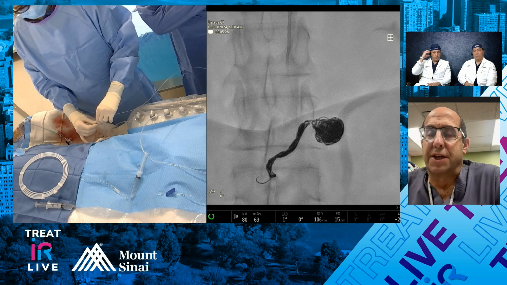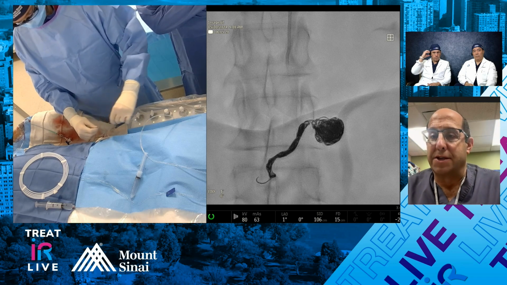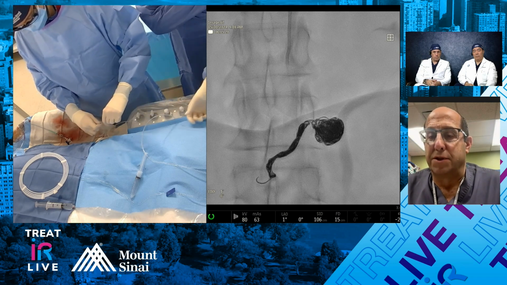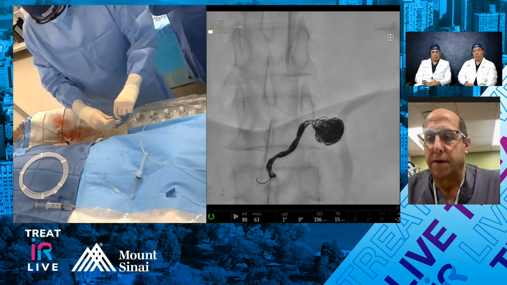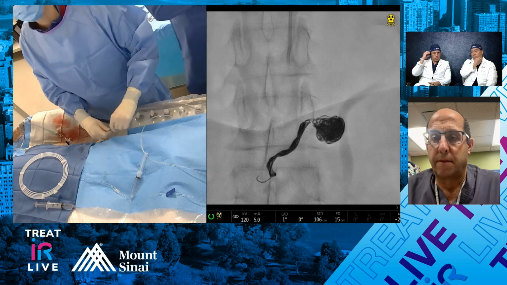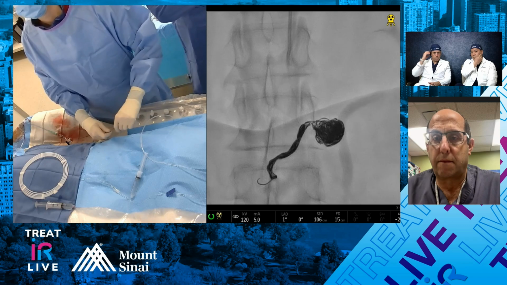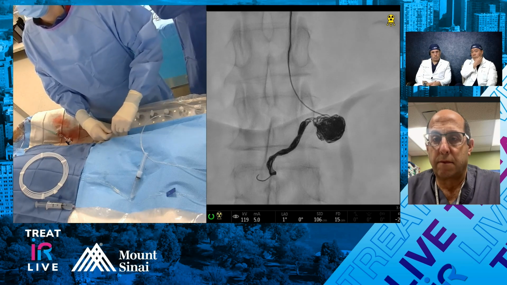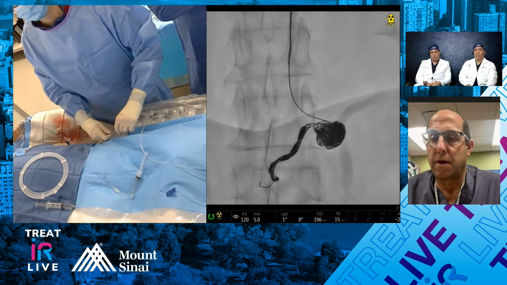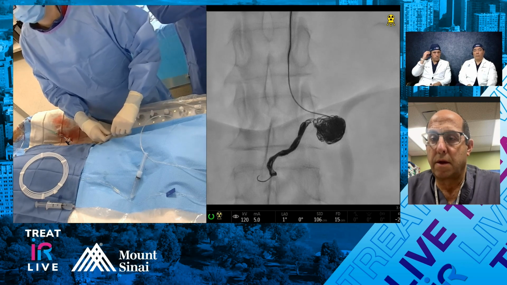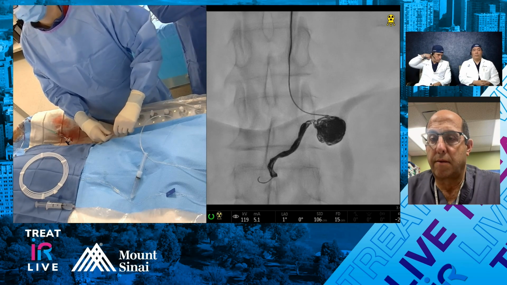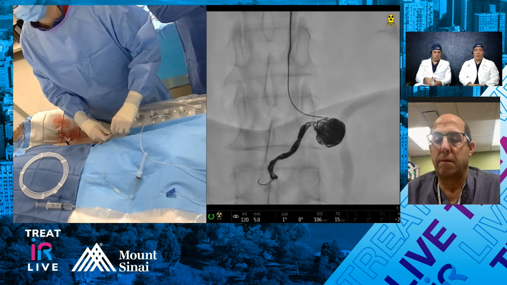Exactly. And you're kind of done anyway. There's not much more you're going to do. And the other thing with the packing density is a little bit off, too, because we're going to close the inflow and the outflow. So do you need to really pack it as dense as you would if, say, like a renal aneurysm where it's sort of off the side? Yeah, I think that's fair.